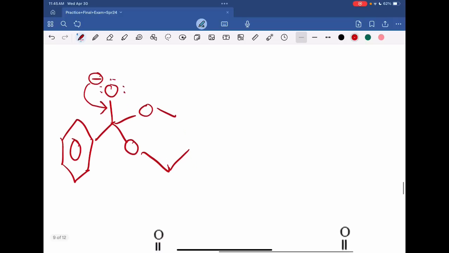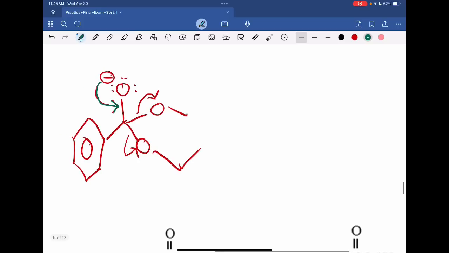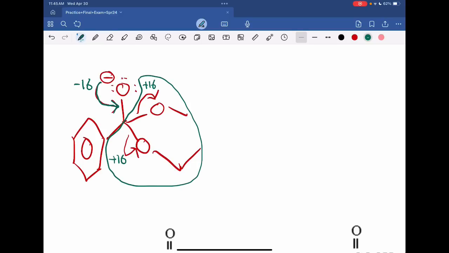While kicking these out would make sense, because making this bond back again is about minus 16, and breaking this is about plus 16. So these two are the only options that make sense in terms of pKa.